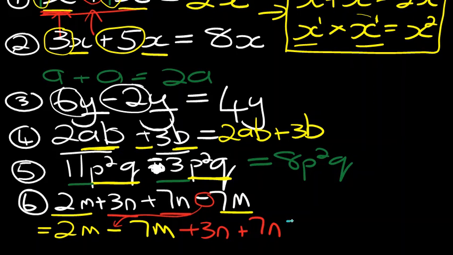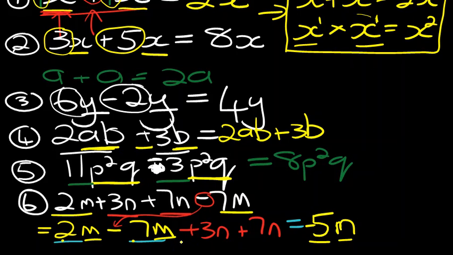2m minus 7m, what is that? Well, it's actually negative 5m. So it's 2 minus 7, which is negative 5, and the variable stays an m because it's the same variable here.